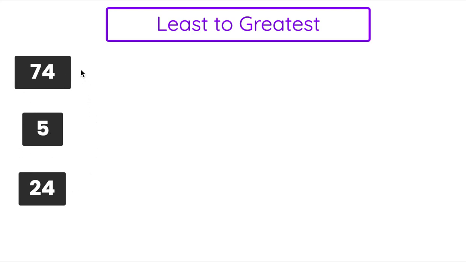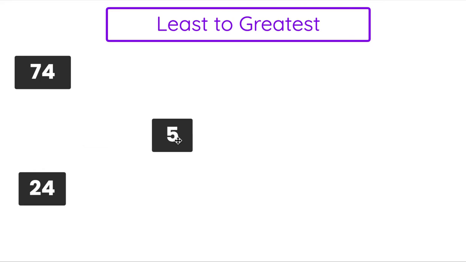We have the number 74, 5, and 24. Which one of these numbers is the least, the littlest, the smallest number? 74, 5, or 24? The least number is the number 5.